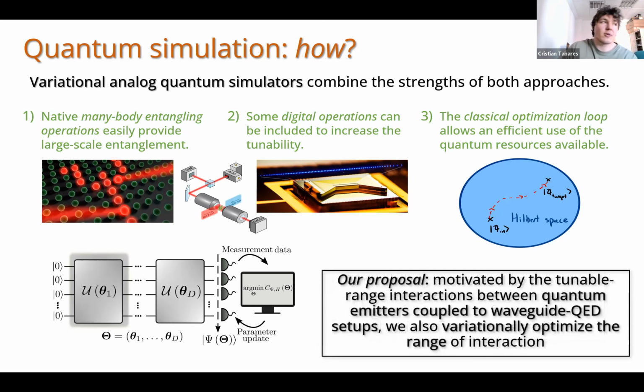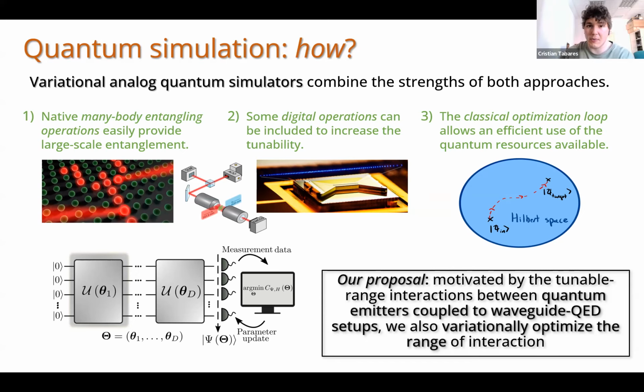But what we do, and this is our proposal, and if you have to memorize a single thing about our work, I want it to be this, is that we are motivated by the tunable range interactions that we have when you study quantum emitters coupled to waveguide setups. This type of platform has a tunable range, and you can modify the range of interactions.